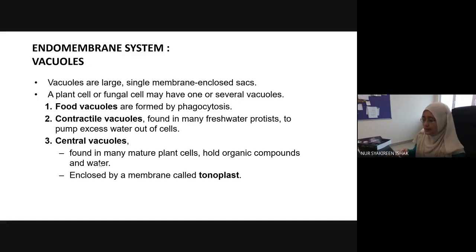And then the next one is the contractile vacuole. Contractile vacuoles are found in many freshwater protists. The function of the contractile vacuole is to pump excess water out of the cell, and food vacuoles are formed by phagocytosis. Phagocytosis is engulfing food and packaging the food into a food vacuole, right?